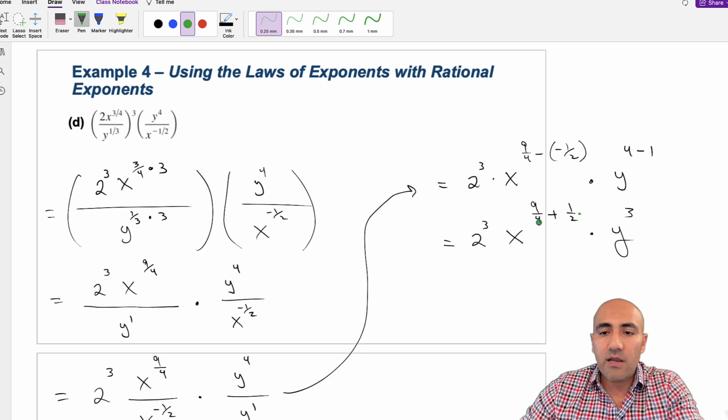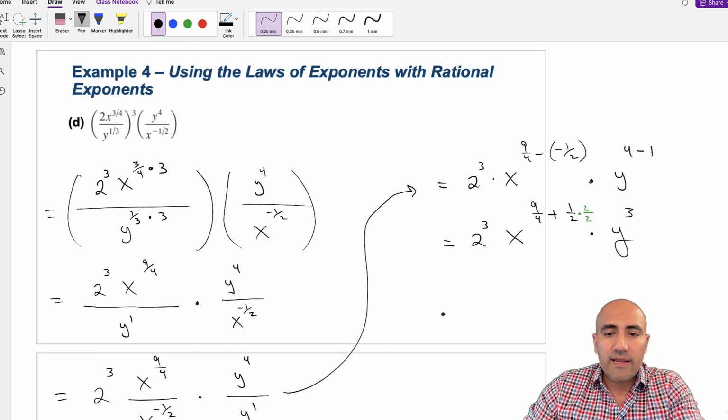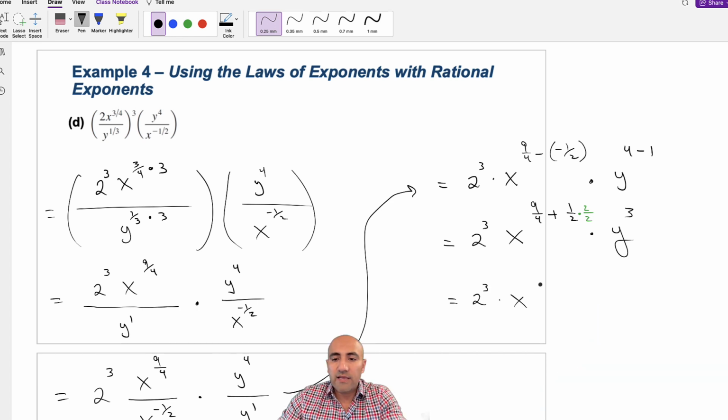So I'm going to have to get a common denominator of 4. So I'm going to multiply this by 2 over 2 to give me a 4. And now I'll end up with 2 to the 3rd power times x to the power of 9/4 plus 2/4 times y to the 3rd power. Almost there. 2 to the third power, x to the 11/4 power times y to the third power.